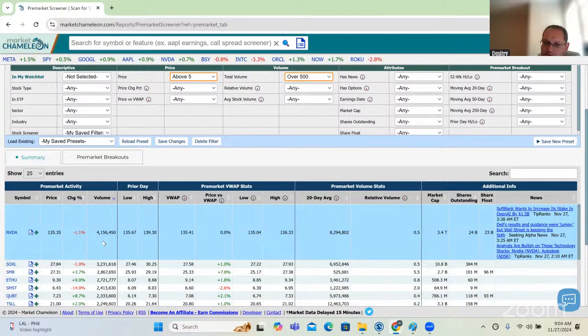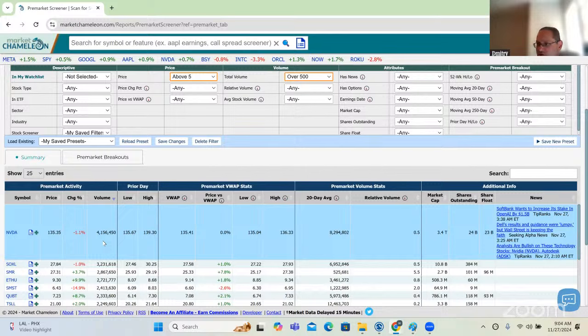When 4,100,000 shares traded, there could be something in that volume that might be interesting. We want to analyze and we want to separate, categorize, and bucket off that volume. One of the ways we could bucket or categorize the volume is looking for block trades within that volume.